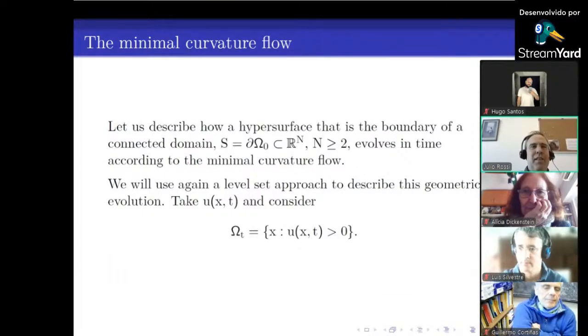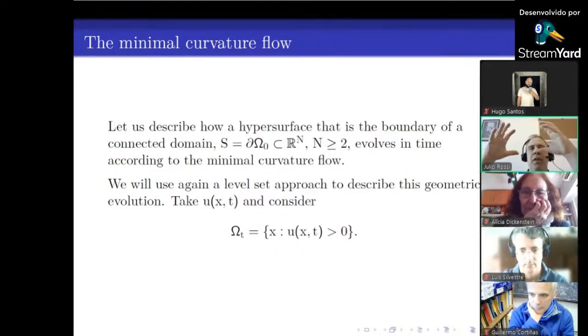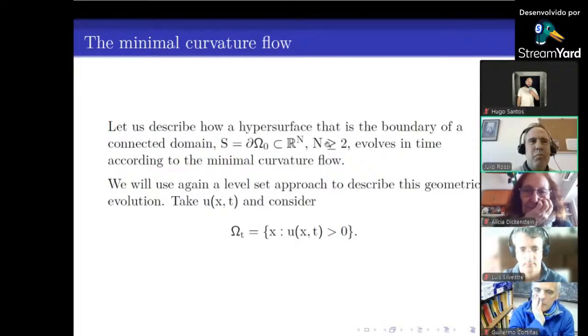Let us start using the same strategy as before. You take a function u of x,t. You consider an initial surface S that is the boundary of a domain omega 0 in Rn, n bigger or equal than 2. In dimension 1, this doesn't make any sense.